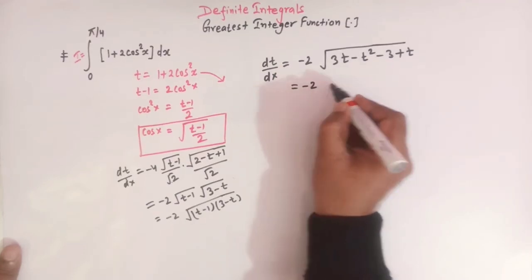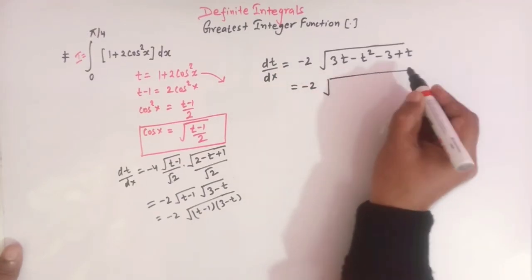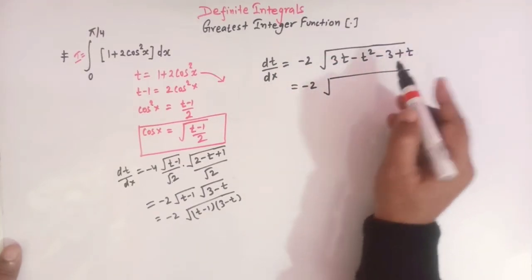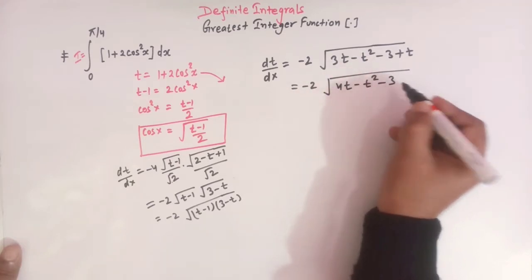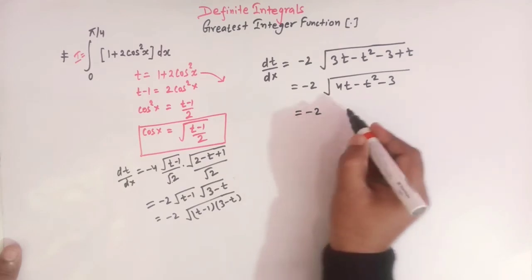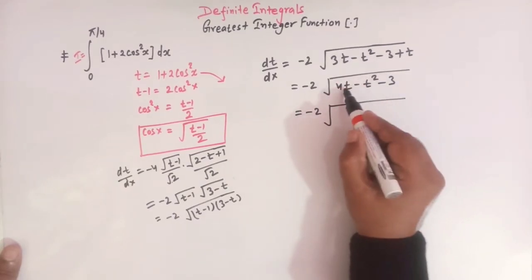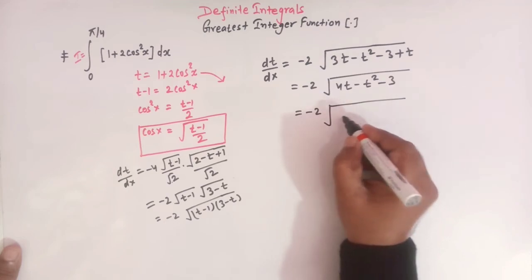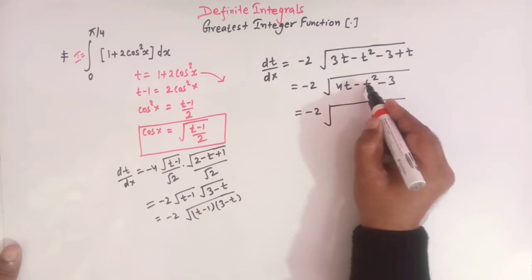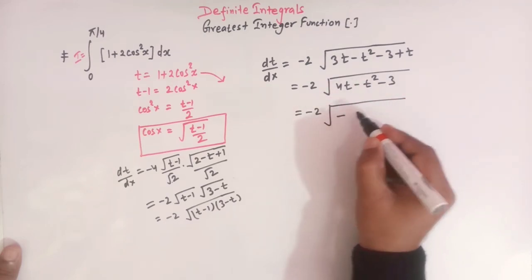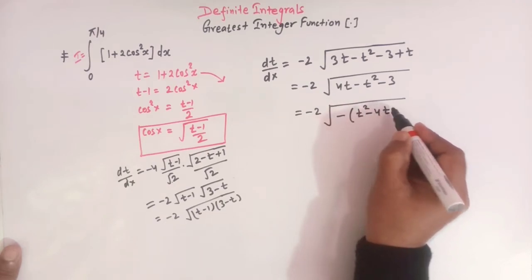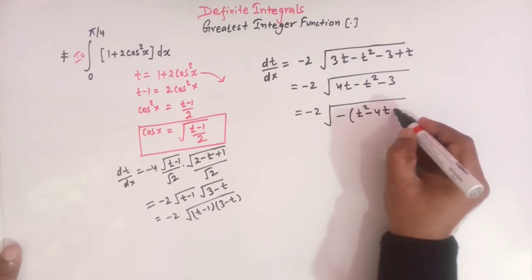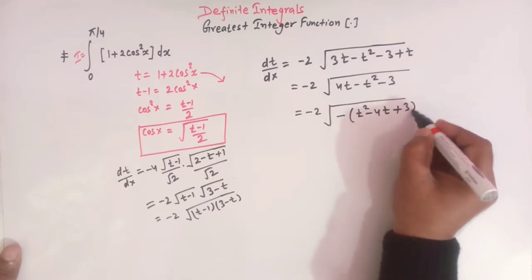So we can write minus 2 times the square root of 3t plus t is 4t, minus t square minus 3. Now we can write this quadratic term by taking the negative sign: minus t square minus 4t plus 3.